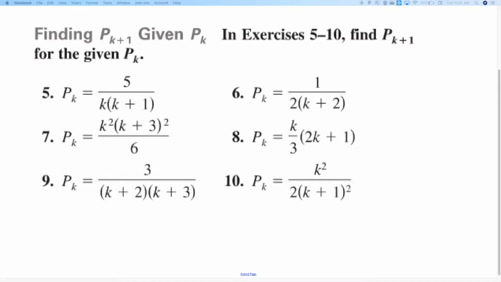And let me know if you have a question while you're working. I moved too fast if you're confused by my K plus 1.